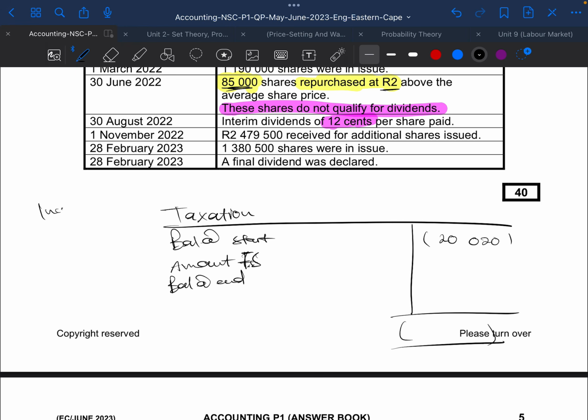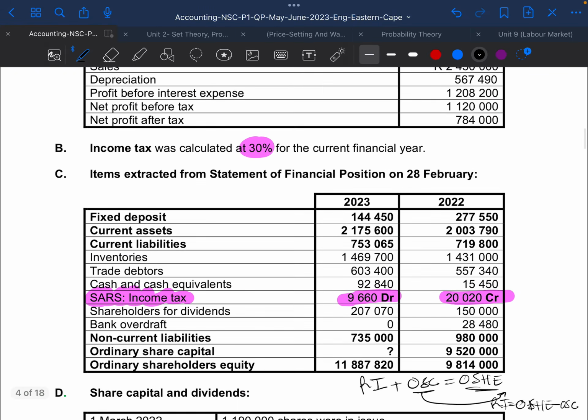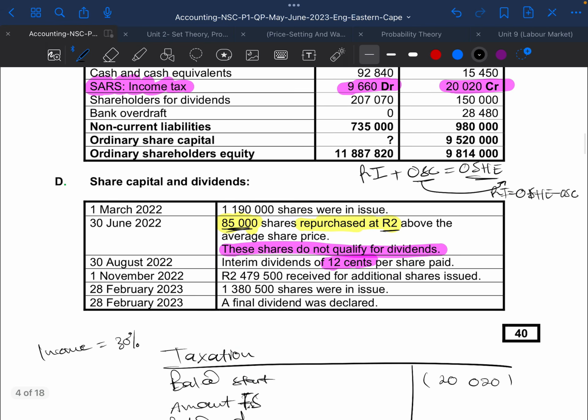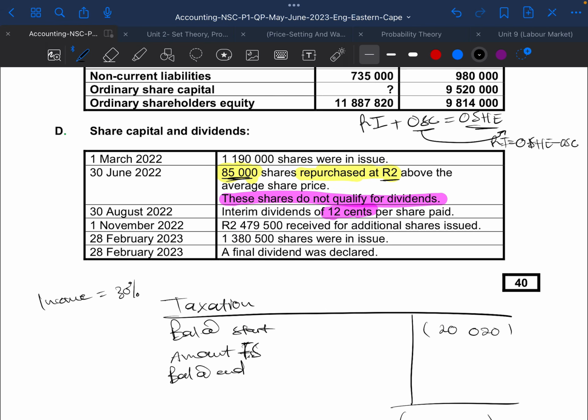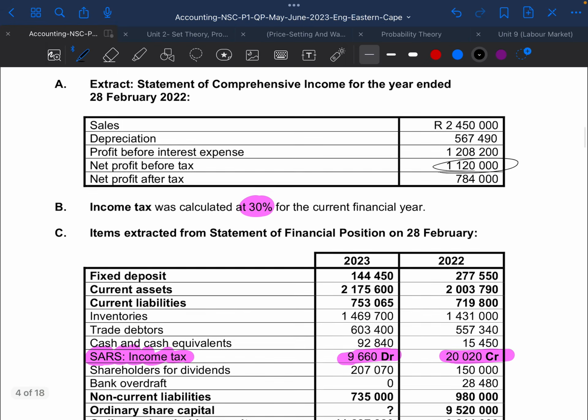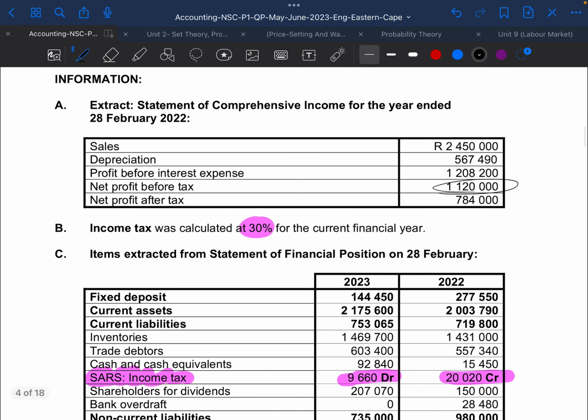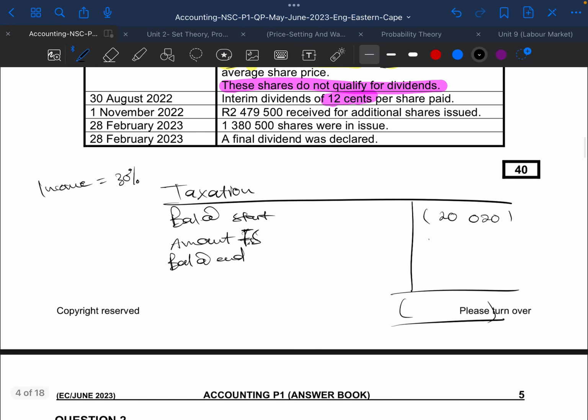So our income tax is equal to 30% of our net profit before tax. What you want over what you know, multiplied by the amount given. So it's 30 over 100 multiplied by 1,120,000, which is 336,000.